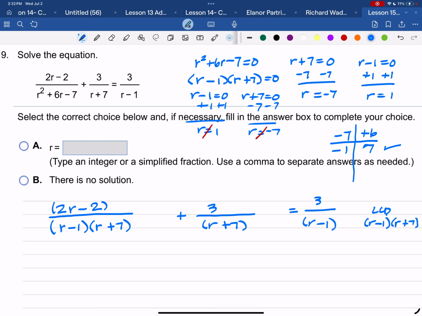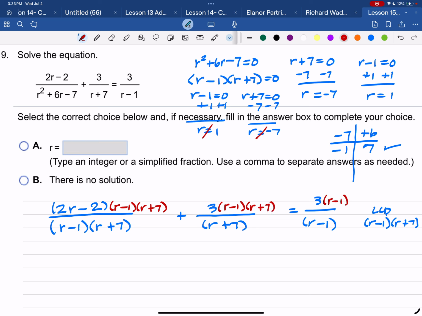And notice that both factors in the other two denominators are already included. So I'm going to multiply by (r - 1) and (r + 7). And align it with the numerator, (r - 1) and (r + 7).